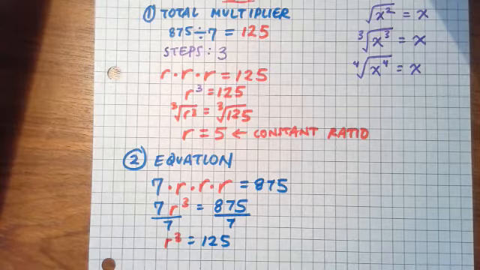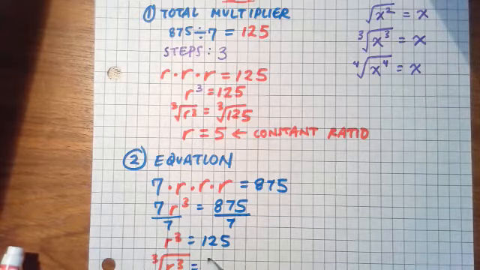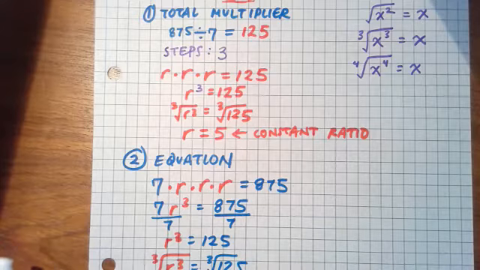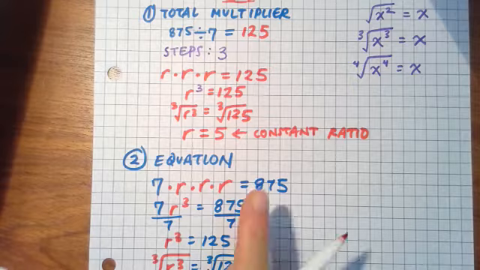I can use roots again. Take the third root of both sides because we're taking it to the third power, to undo that third power. Equal to the third root of 125. Okay, so this third power cancels out because we took the third root of it. So r is equal to the third root of 125.